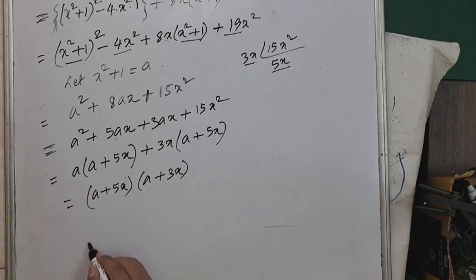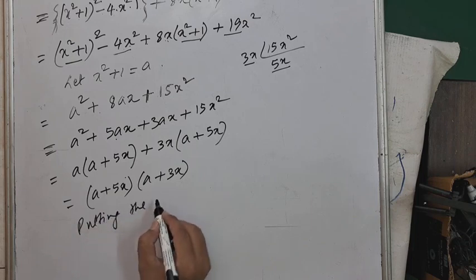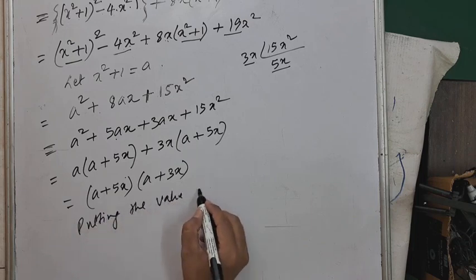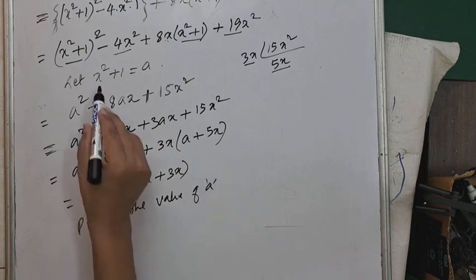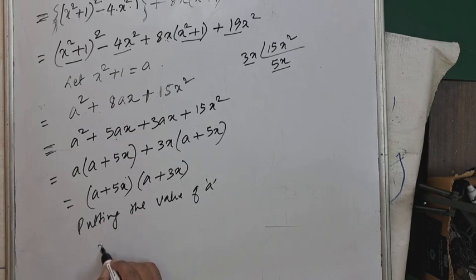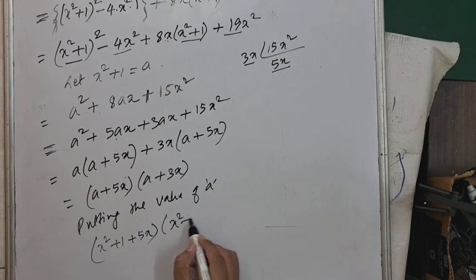So let's put back the value of a. We have a plus 5x, a means x square plus 1, x square plus 1 plus 5x, and again a plus 3x. A means x square plus 1 and plus 3x.